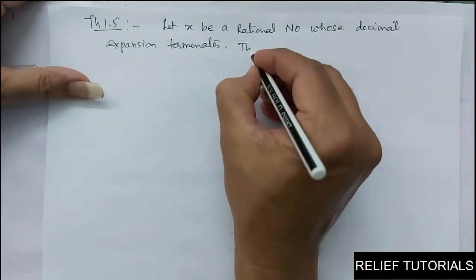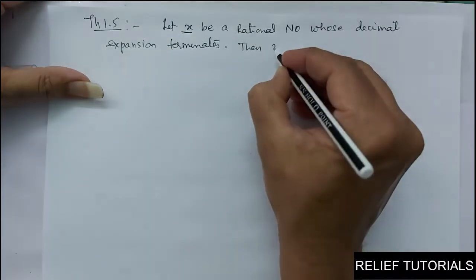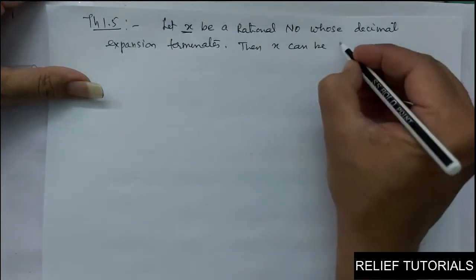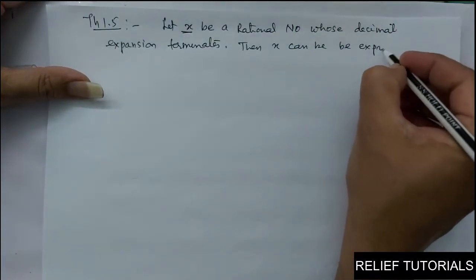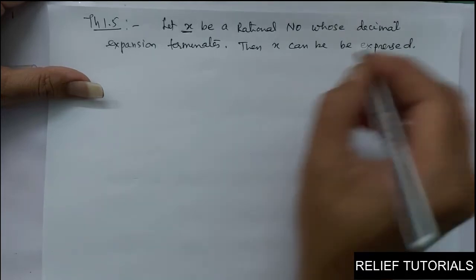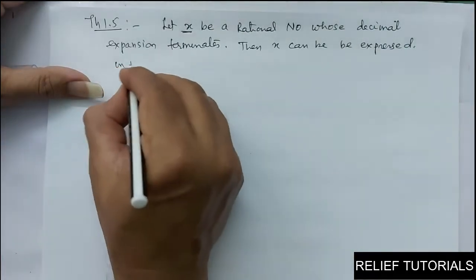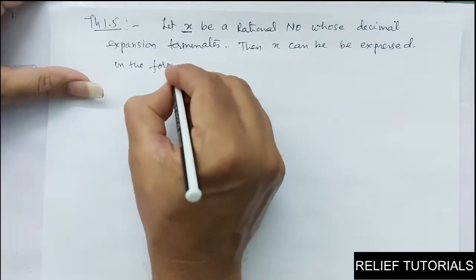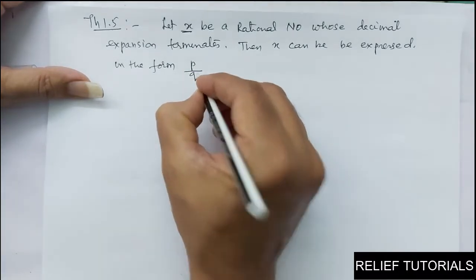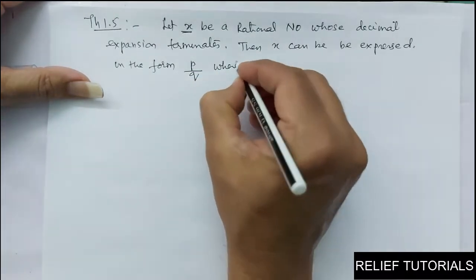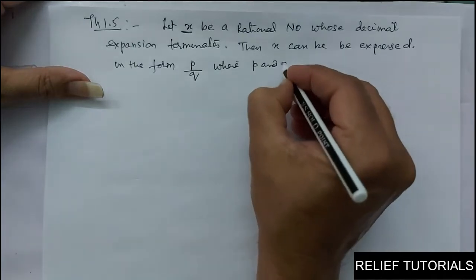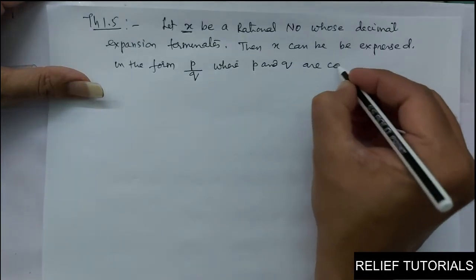Then x can be expressed, the rational number x. See, very easy if you understood the theory. Then x can be expressed in the form p by q, where p and q are co-primes.